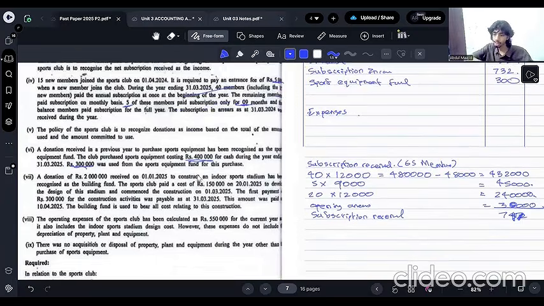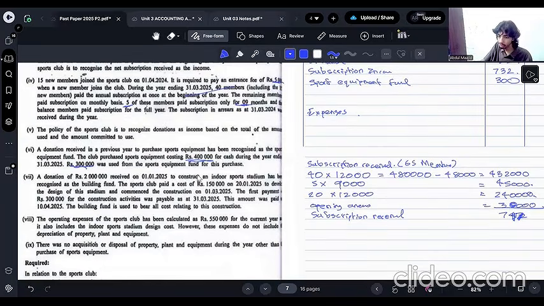The sports club has paid a cost of 150,000 to develop the design of the stadium and commence the construction on 1st of March 2025. The first payment of 300,000 for the construction activities was payable as at 31st March 2025.